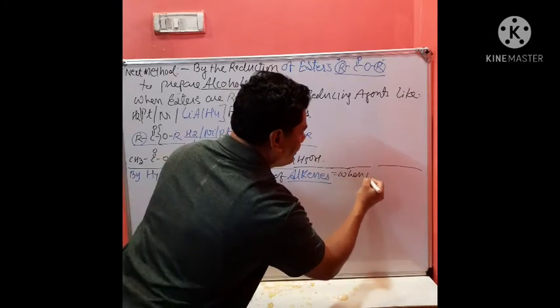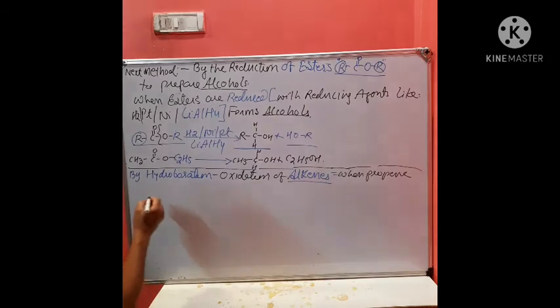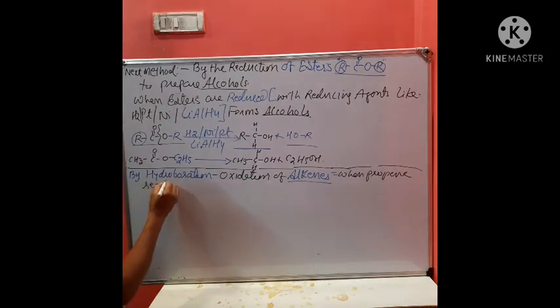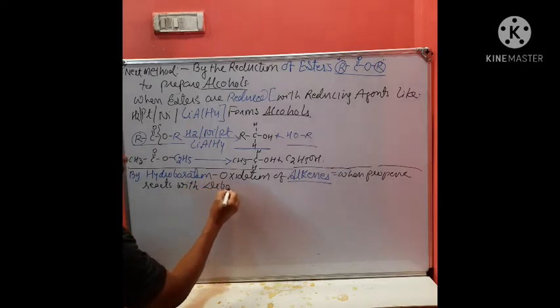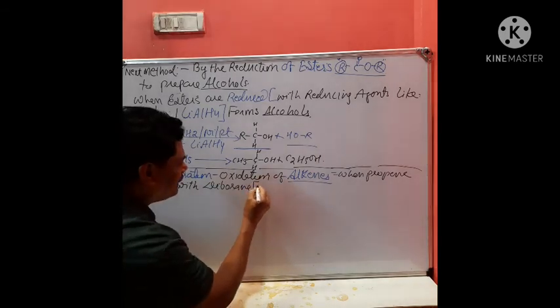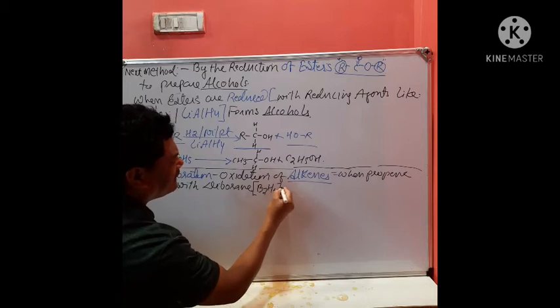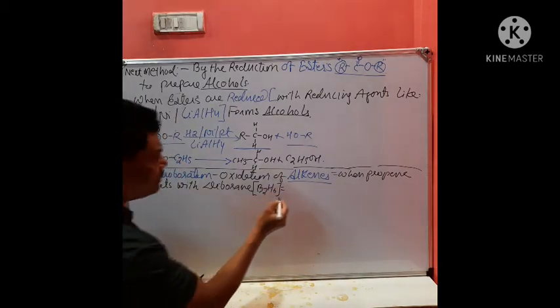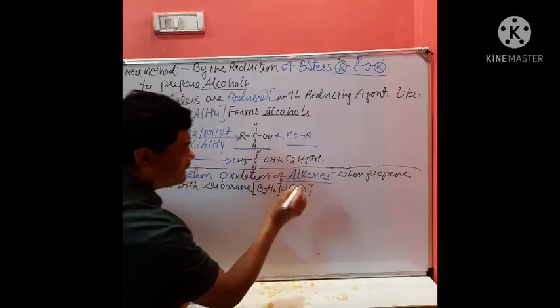When propene reacts with diborane. Now student, what is diborane? This is called B2H6. It is its stable form. But we will take boron trihydride as a reactant.